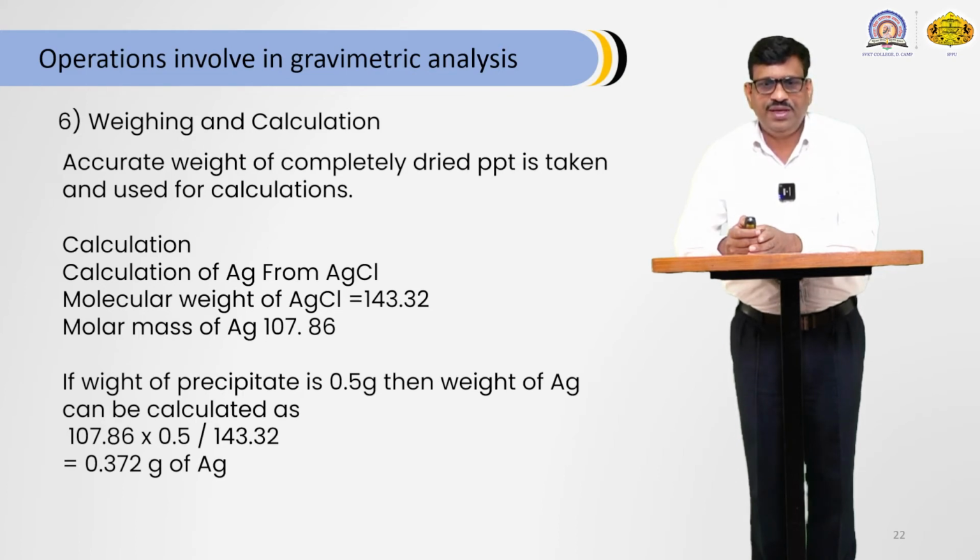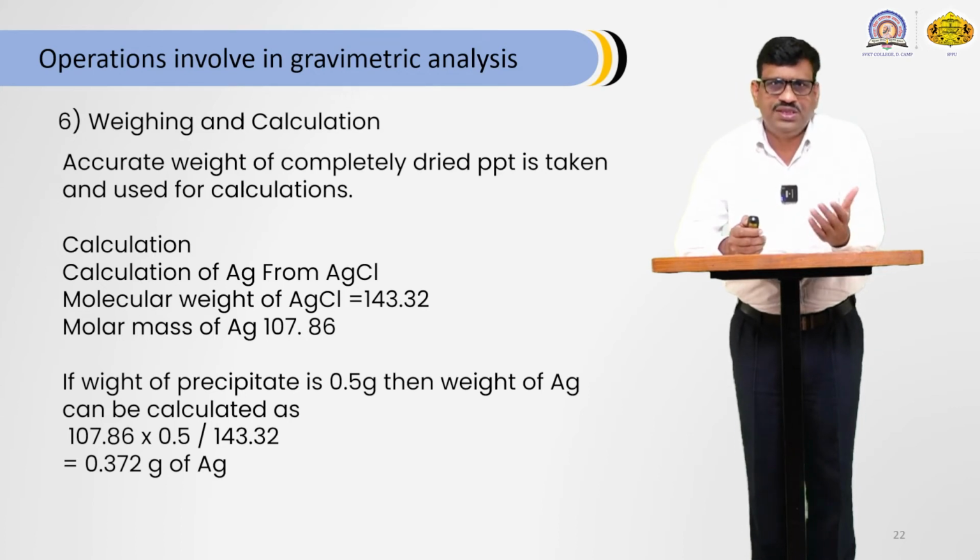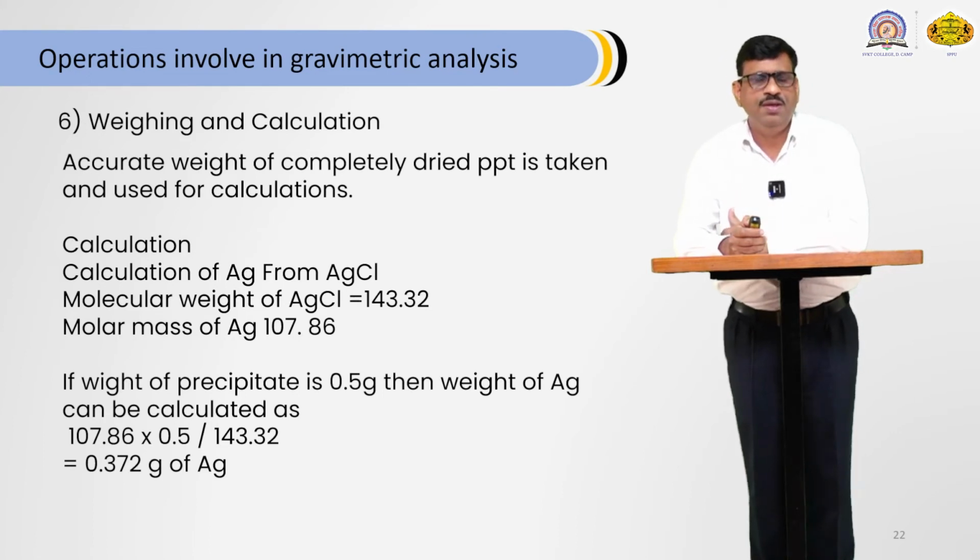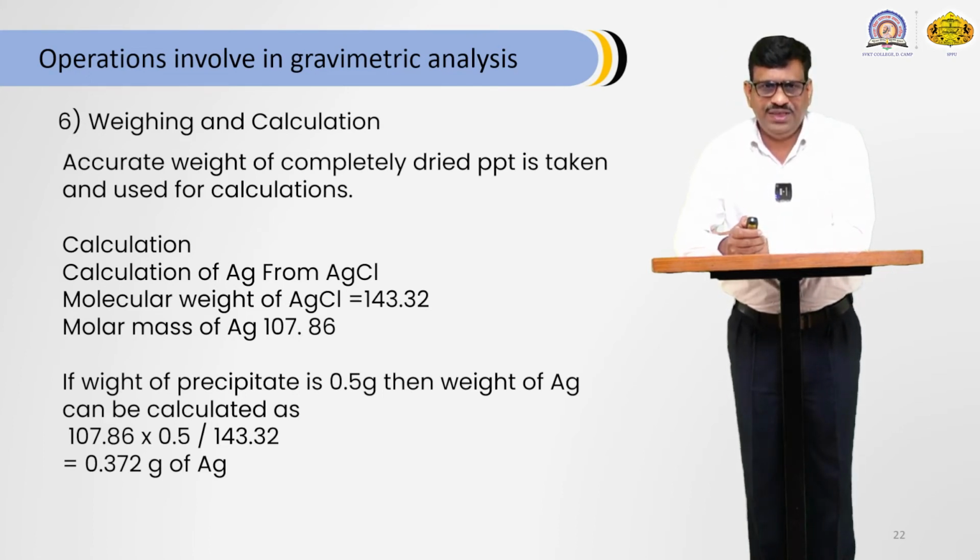Hence, in 0.5 gram of AgCl precipitate, 0.372 gram of Ag is present. In this way, you can calculate how much of that metal ion is present in the solution from the weight of the precipitate.